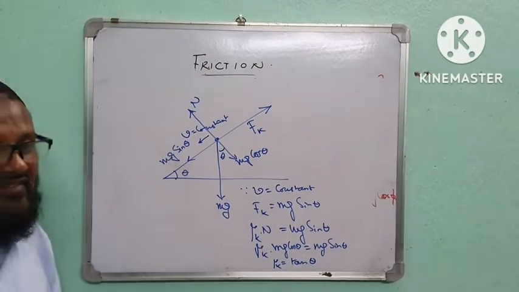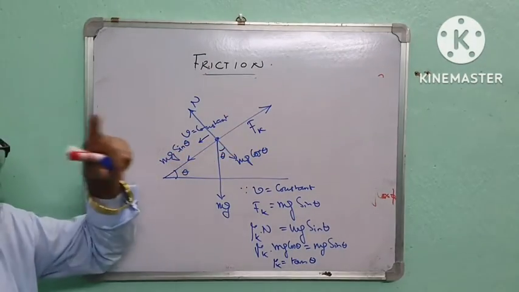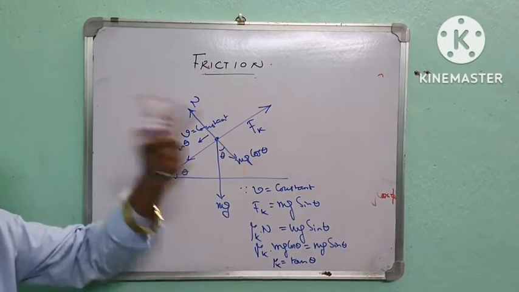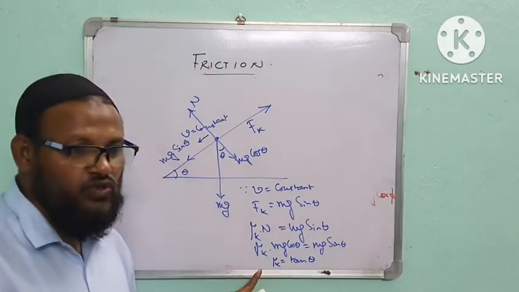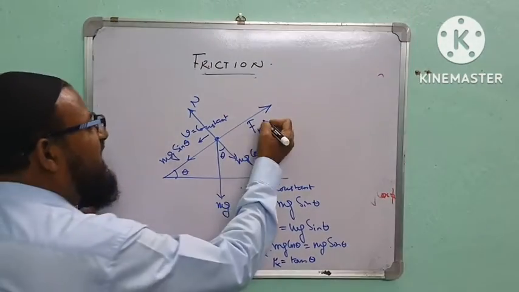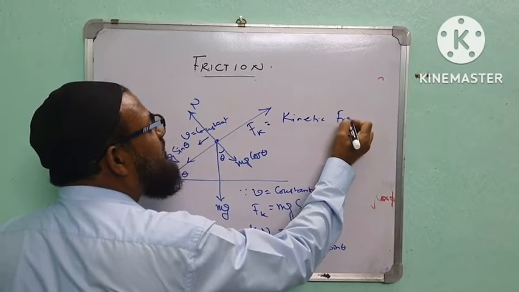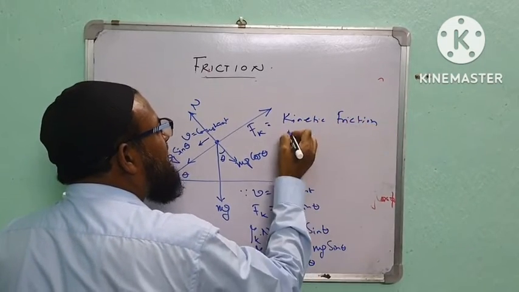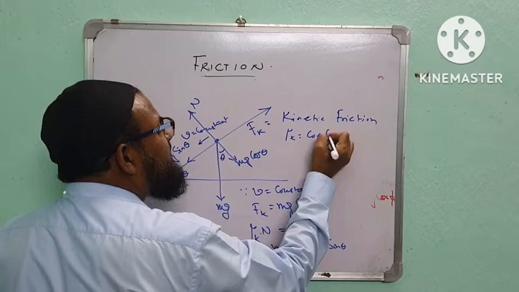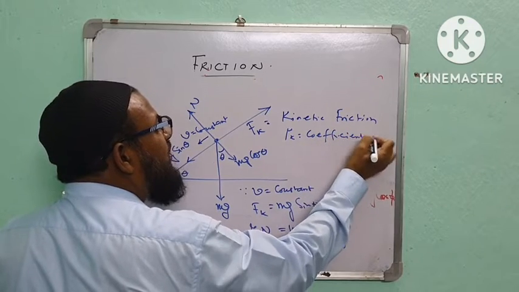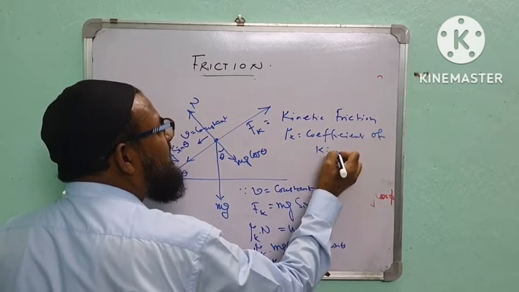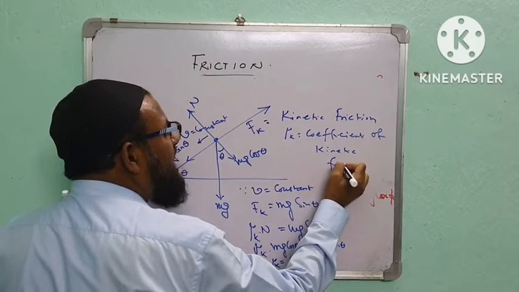Fk is kinetic friction, and mu k is the coefficient of kinetic friction.